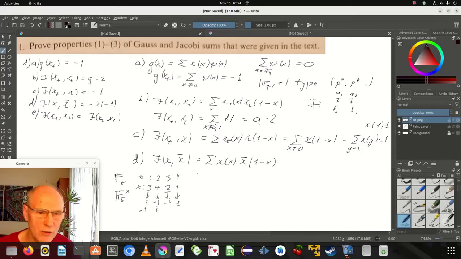Oops, we have to conjugate this one. 3 and -2 conjugated, that's unity. 4 and -3 conjugated, that's -i. 2 and -1 conjugated, that's i.